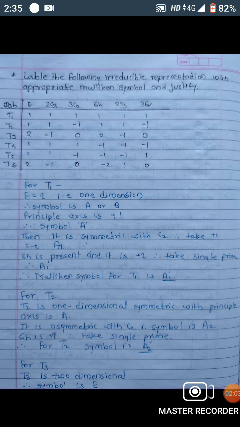Therefore the Mulliken symbol for the second irreducible representation is A2 single prime.